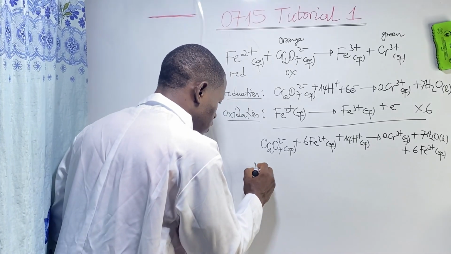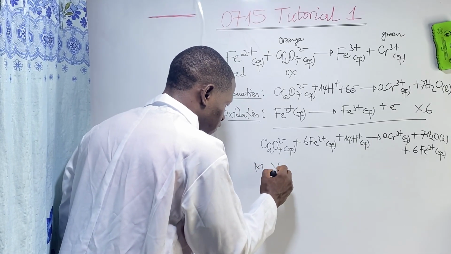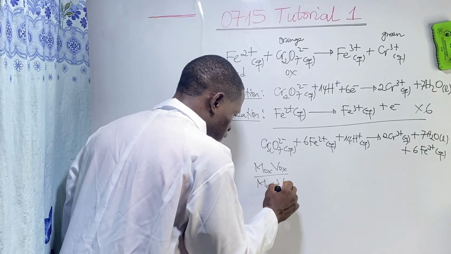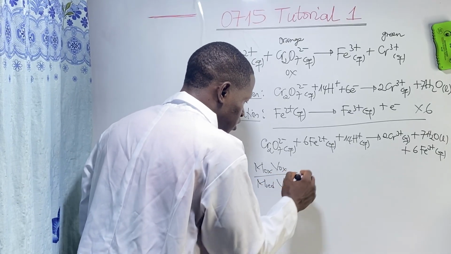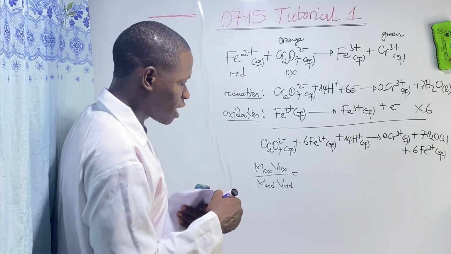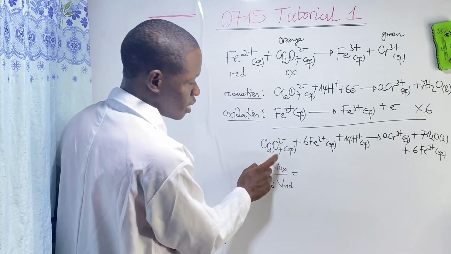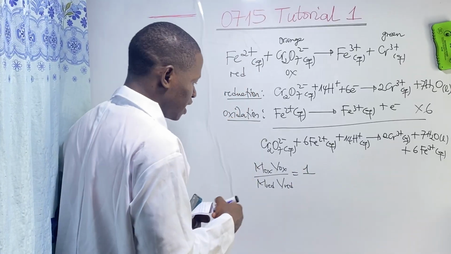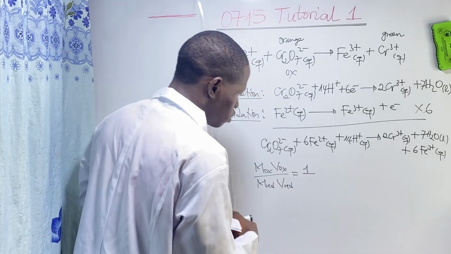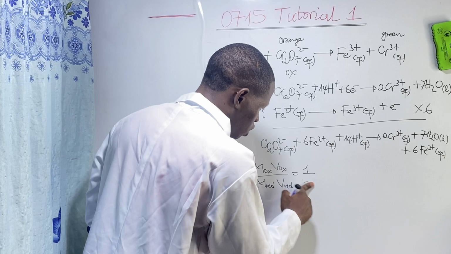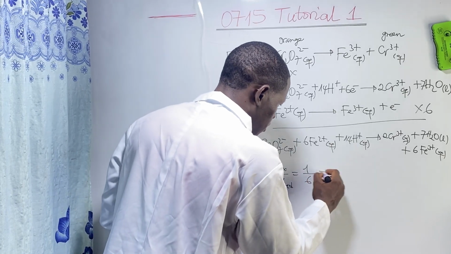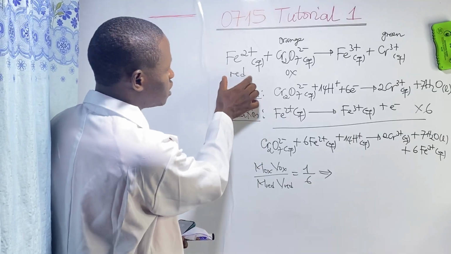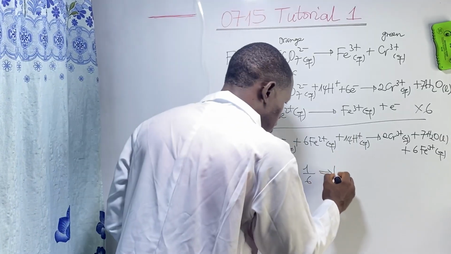Molarity of oxidant times volume of oxidant, all over molarity of reductant times volume of reductant, is the mole ratio. For the oxidant, the dichromate, the mole ratio is 1, while for the reductant, the iron 2, the mole number is 6, so it equals 1 on 6.